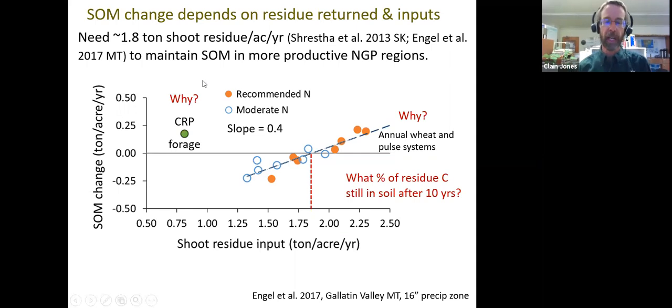Another question you might have on this graph, I'm going to ask you guys, is why is the CRP forage point so far different than these annuals? Why were we able to build soil organic matter by leaving so little shoot behind? You can answer either by unmuting or your chat or the question and answer box.